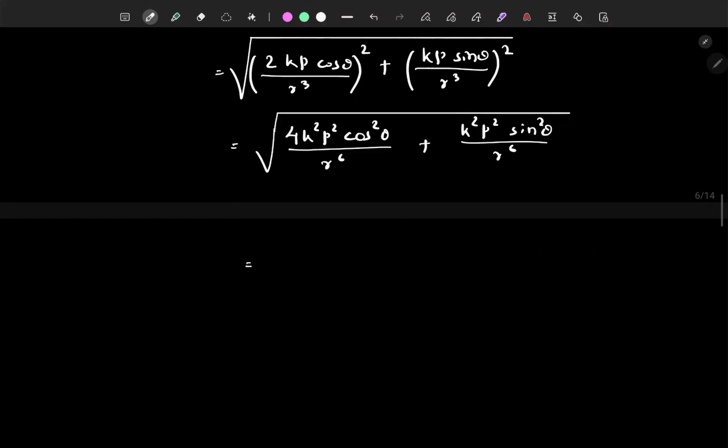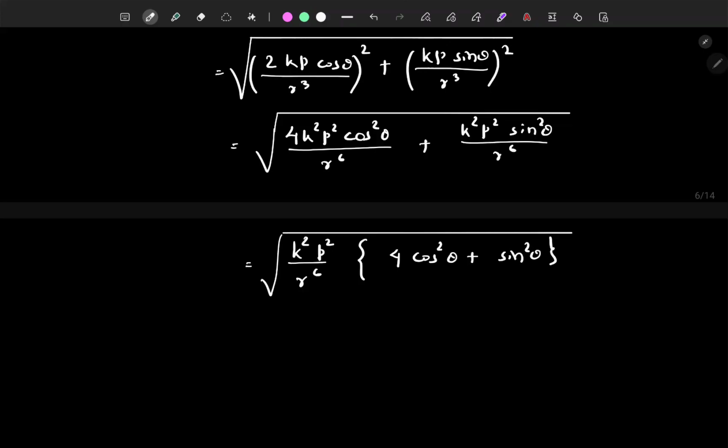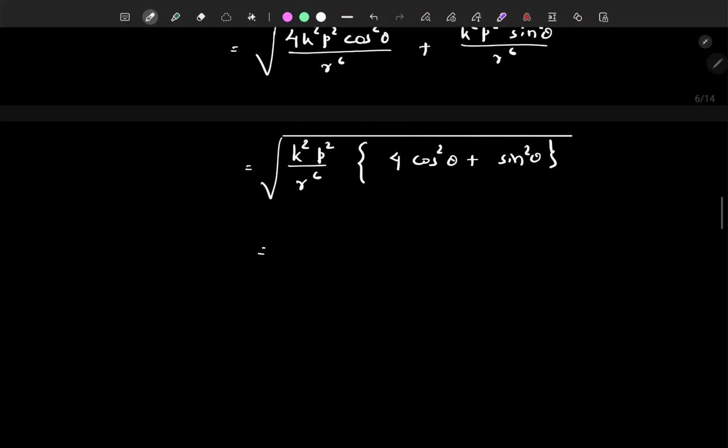Taking k square p square by r to the power 6 common, inside the bracket we have 4 cos square theta plus sin square theta, root over. Taking it out, we get kp by r cubed, root over 4 cos square theta plus sin square theta.